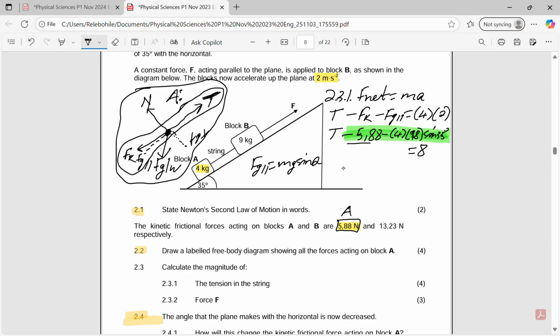I'm going to have T, then let me press my calculator. I say minus 5.88 minus open bracket 4 close bracket, and then open another bracket 9.8 close the bracket, and then write sine 35, then press equal to.